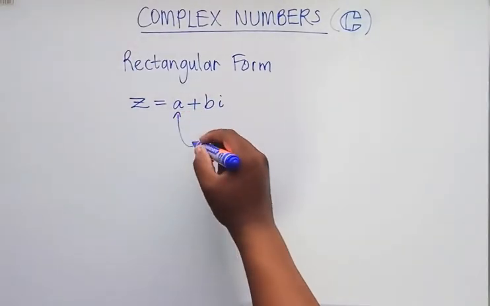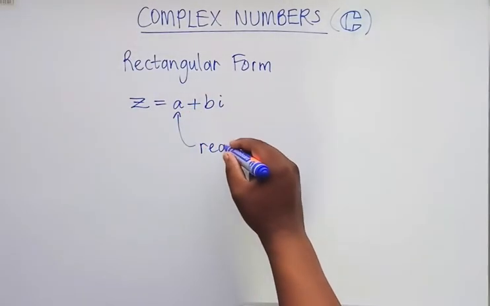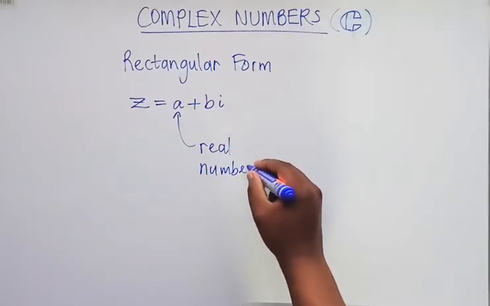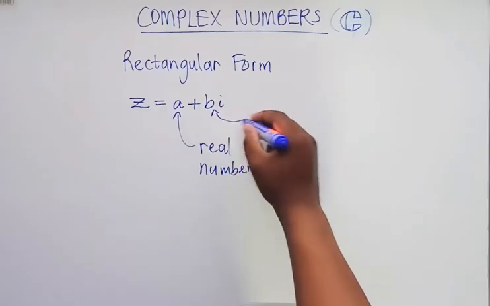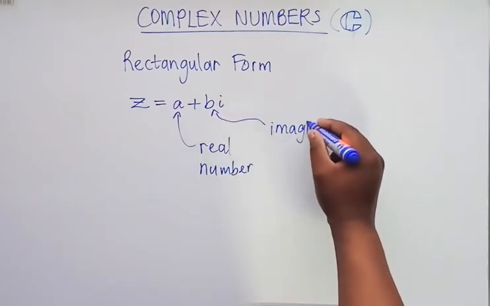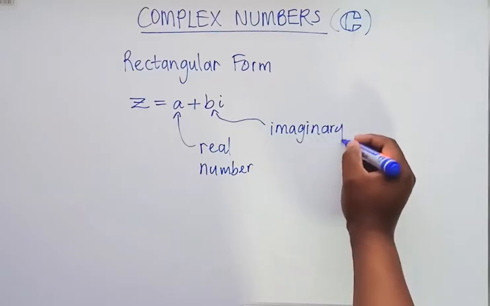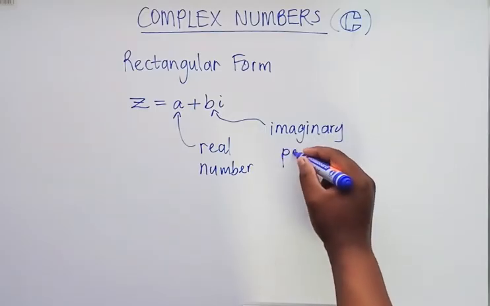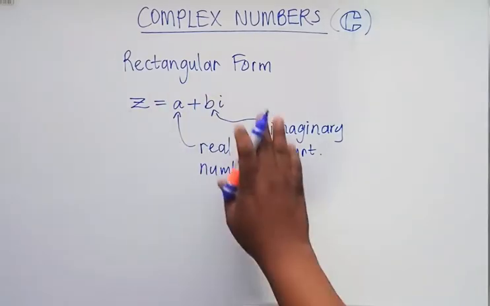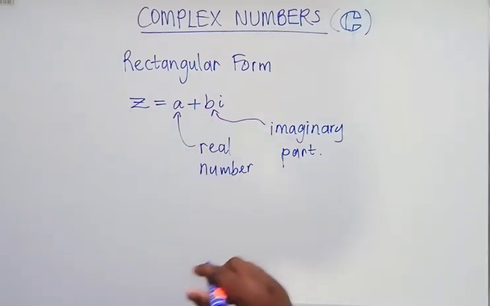Now the a part represents your real number, and the b part represents your imaginary part, or your imaginary number. So this is your rectangular form.